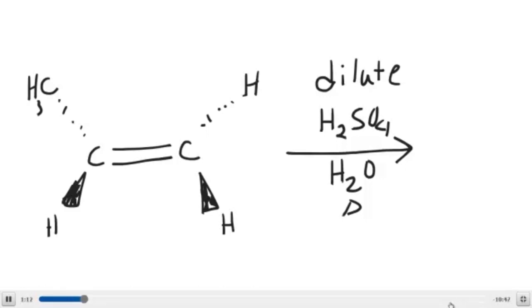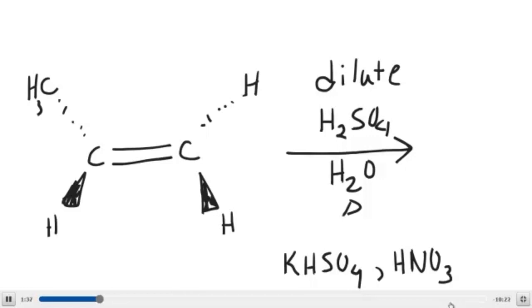It's also very important that you use an oxy acid if you want to do an addition of water to the double bond. We're going to talk about that in some detail, but it is very, very important that you use an oxy acid. Some others that are commonly used would be potassium hydrogen sulfate, which is a strong acid. You might also use nitric acid or some other oxy acid.